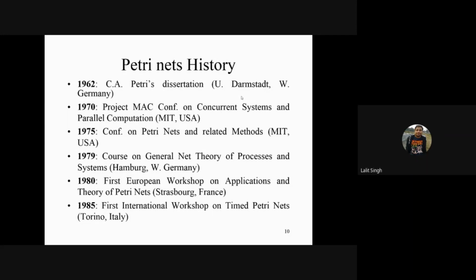After going through the thesis, people started taking interest, because it was an era where people were striving to work on concurrent and parallel systems, so they were trying to explore whether this model can be used for concurrent or parallel systems. In 1970, MIT USA conducted a conference on concurrent systems and parallel computation. And the conclusions were very fruitful.